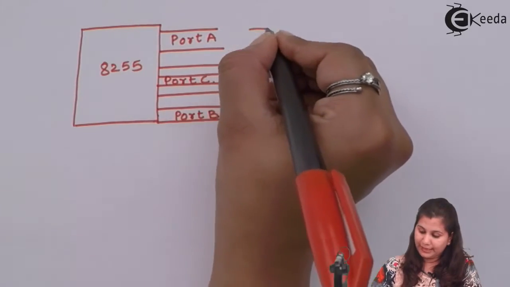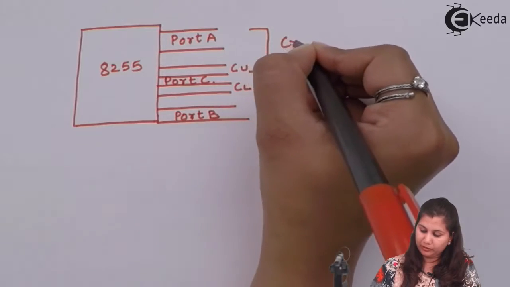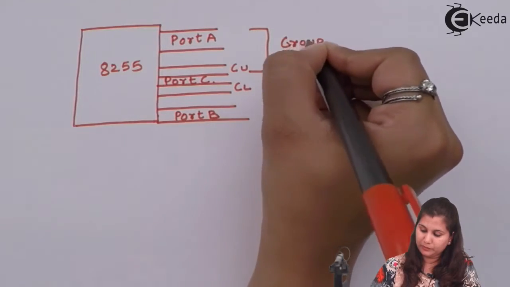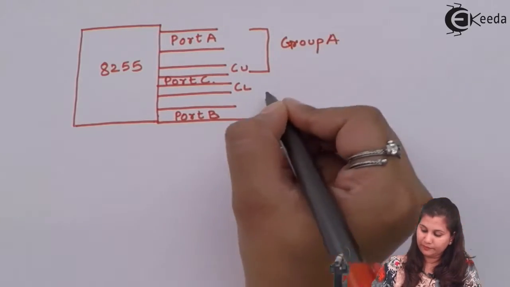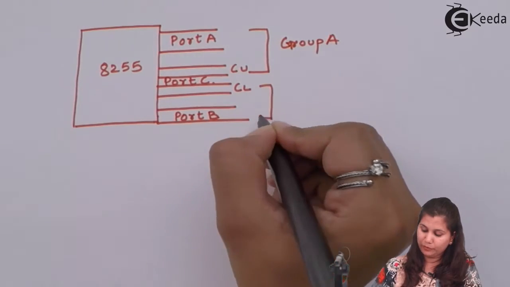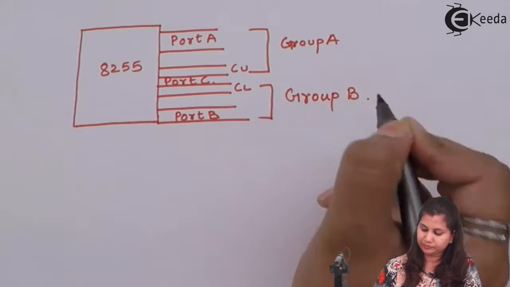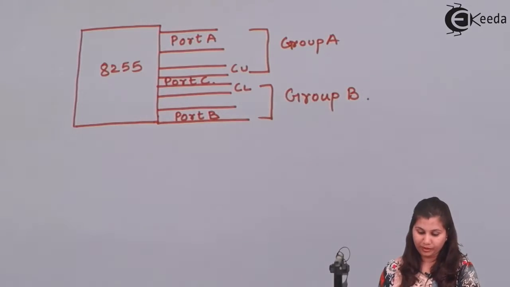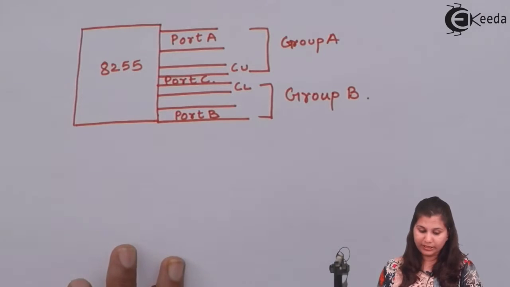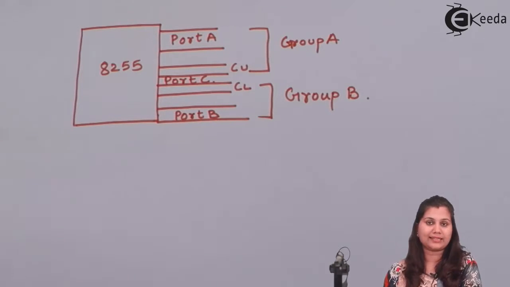So port A and C upper form group A, and C lower and port B form group B. Okay. Now these ports can be programmed either as an input port or as an output port.